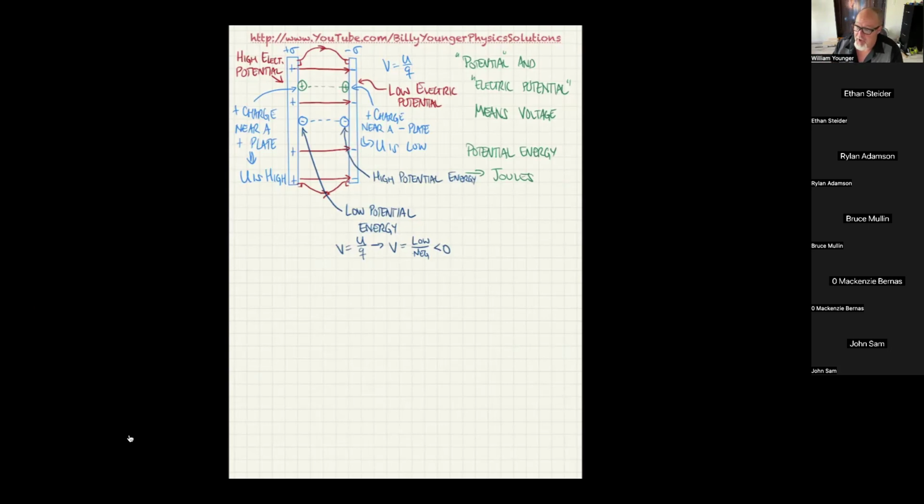It's not comfortable at all there. So this implies that V, since V is equal to U over Q, we're going to have a high number divided by a negative number. So again, we're going to have a quantity that's less than 0 in principle, but the main thing is it actually has a higher electric potential.